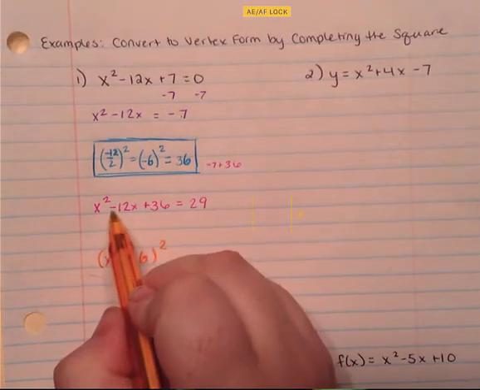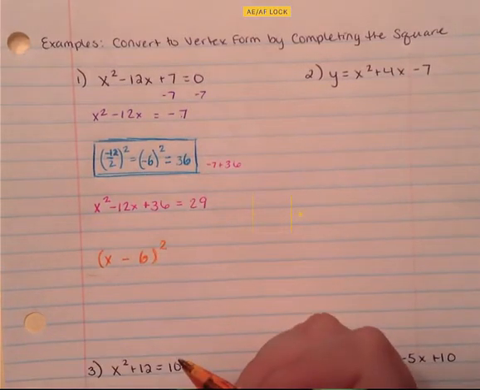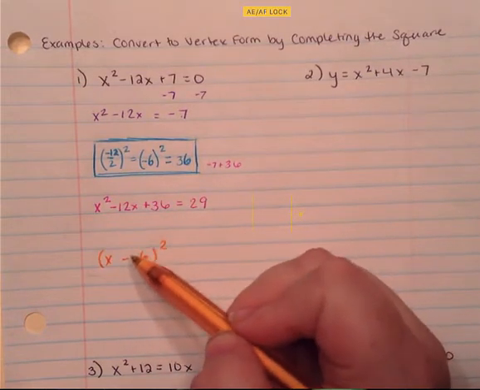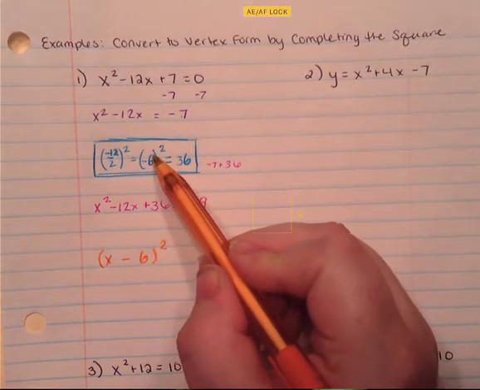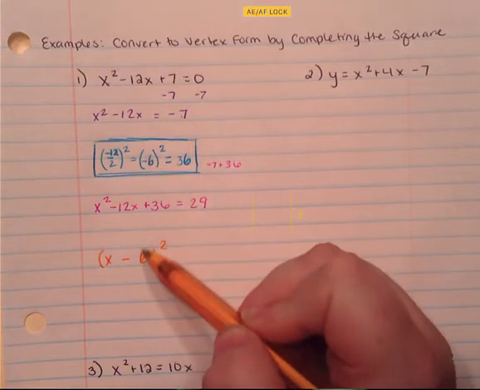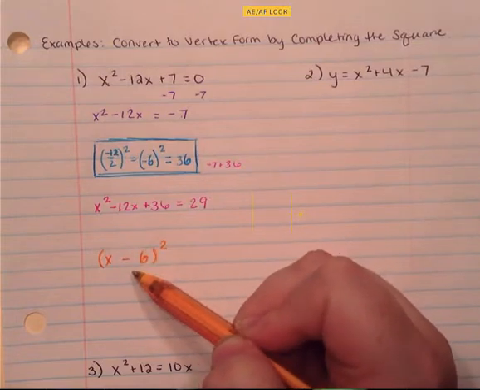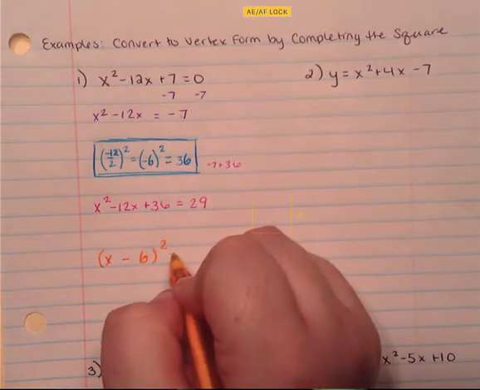And we have a negative sign here. That means we're going to have a negative sign inside of our parentheses. Now, in an earlier video, I explained that you can always check to make sure this is correct, because whatever your half of b was, should be the exact same number inside your parentheses with your x. And it is, so that means that we have done that correctly. This is still equal to 29.